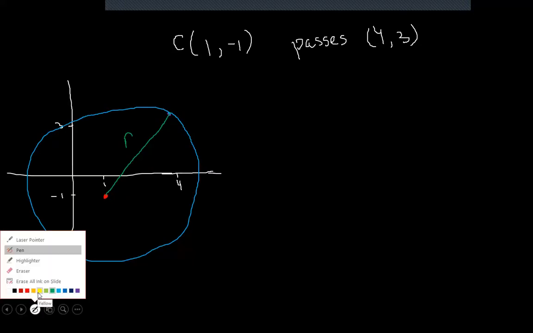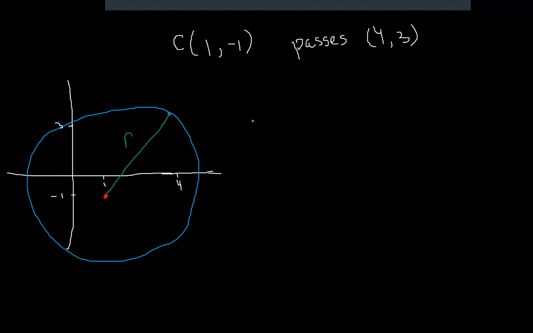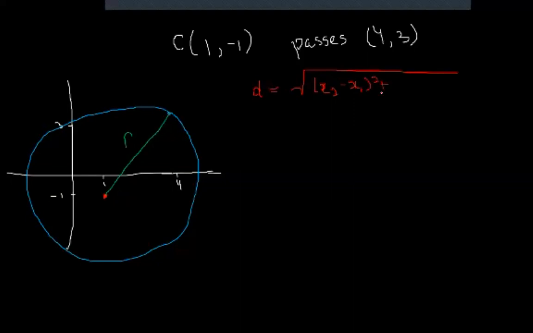We know a formula, D, so D stands for distance between 2 points, is equal to the square root of x2 minus x1 squared plus y2 minus y1 squared.